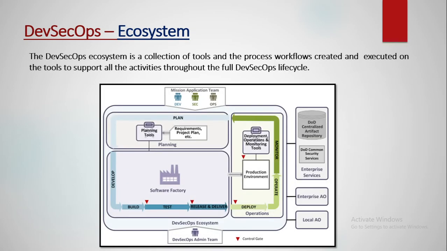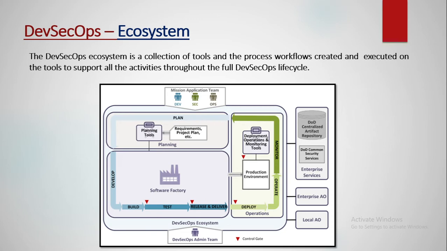Okay, the DevSecOps ecosystem is a set of processes, workflows and tools that are created and executed to support all the activities over the DevSecOps lifecycle. The DevSecOps ecosystem consists of 3 subsystems: software factory, planning section and production operation.